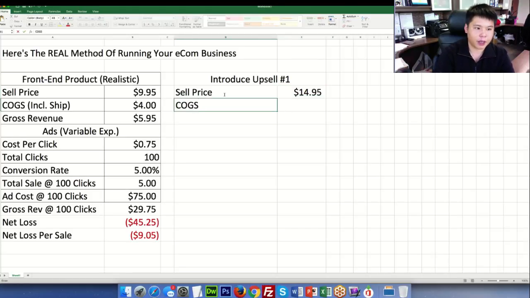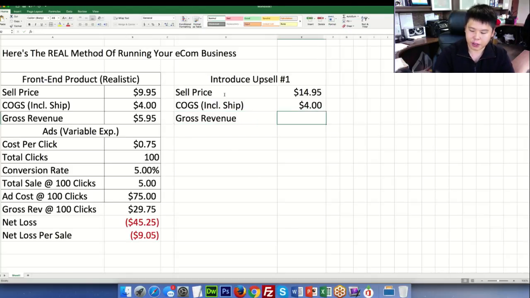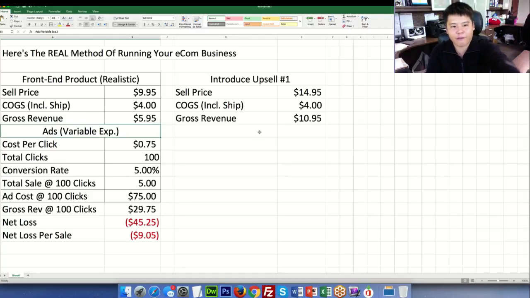Your cost of goods including shipping is going to be, let's say, $4 again. Your gross revenue is going to be simply taking this minus this, equal to $10.95. Now remember, you don't have any more ad expense or variable expense anymore because you already have your front end sale factoring all these right now.